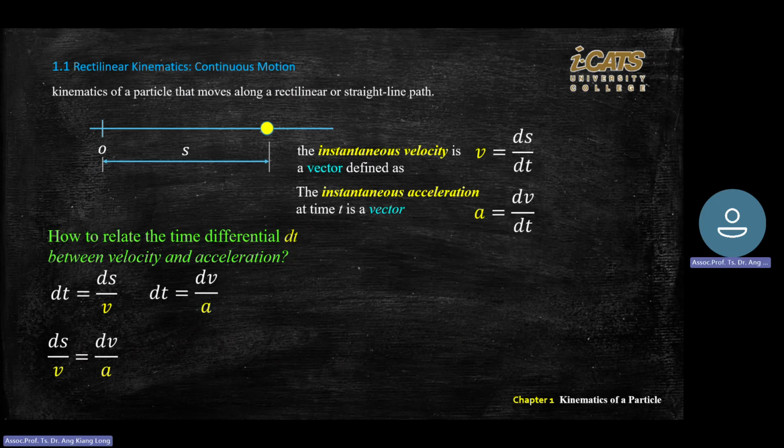But again, we don't write fraction form. We write linear form. So what do you write? a to the left, v to the right. So can you see an integration question already? So once you have this, you know automatically you need to add the curly integration sign.